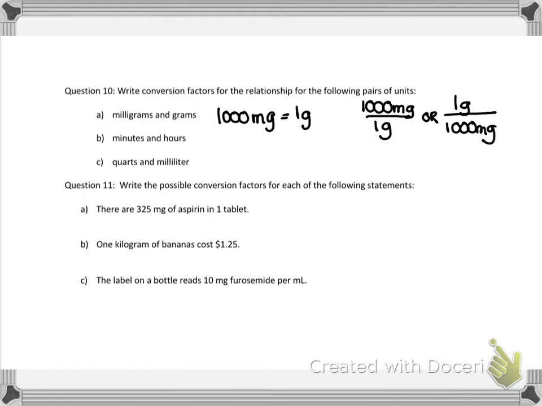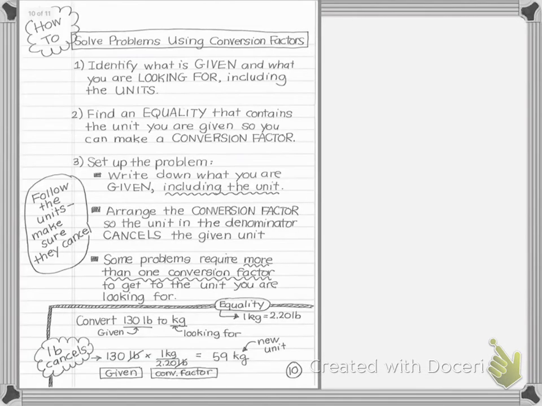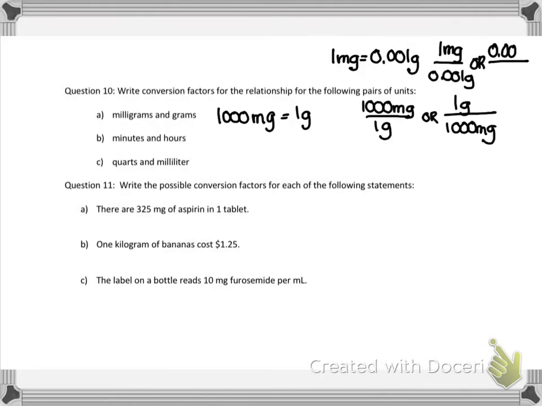Now, on this example, you might have also said 1 milligram equals 0.001 grams. That's an equivalent equality. So if you did that, it would look like this. And if you wrote it either one of these ways, they would get you the right answer.